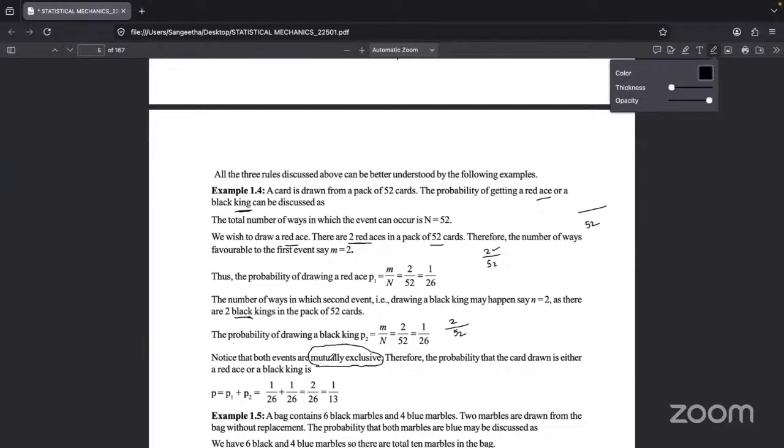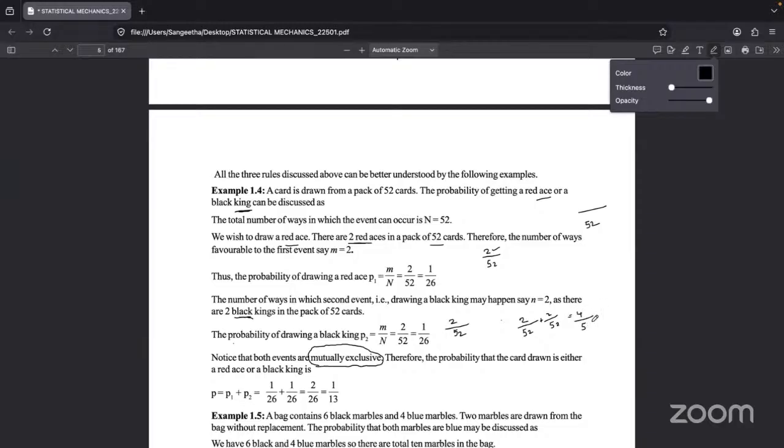If they are mutually exclusive events, we can use summation, the sum of the probabilities. The first probability is 2/52 plus the second probability, also 2/52. So the total is 4/52.